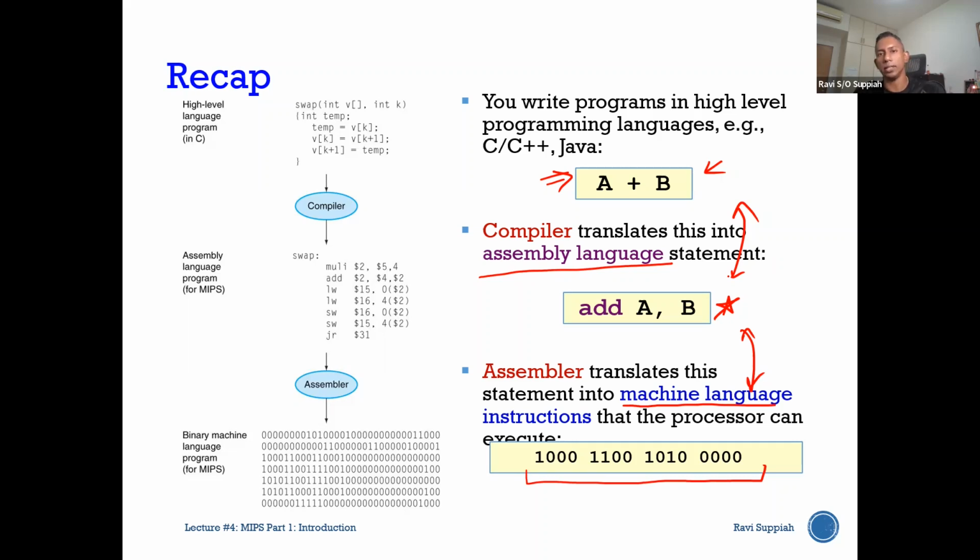If I run it on the MIPS processor, I'll get yet another set of instructions, because these assembly language instructions are very specific to the hardware we are dealing with. That is why programming in higher level languages is still the preferred choice, because you always have the flexibility to switch to any hardware as long as the compiler supports it. So that is the advantage.